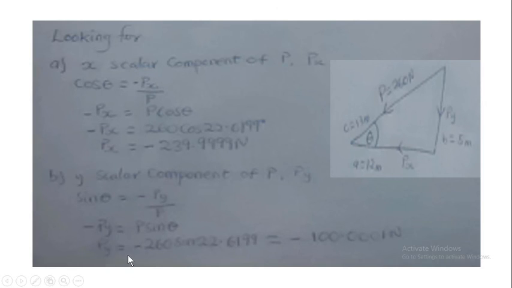Then you get Py equals negative 260 times sin theta, and theta you know to be 22.6199 degrees. And so when you punch your calculator, you will get the y scalar component of P to be negative 100.0001 Newton.